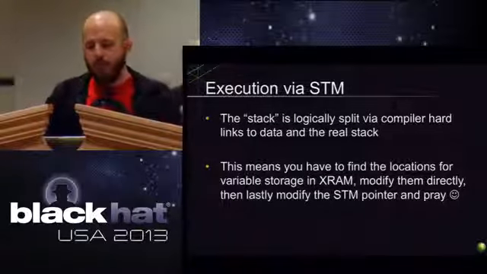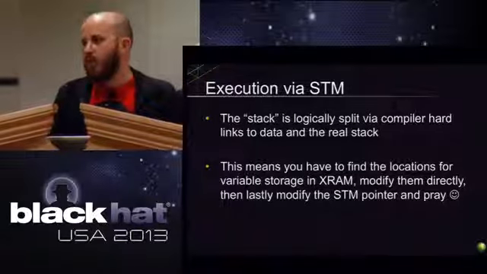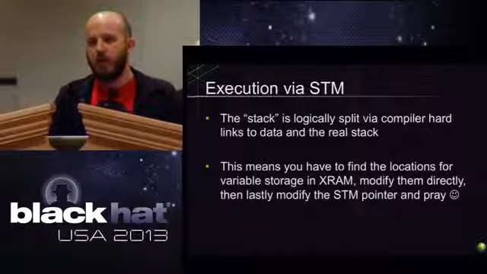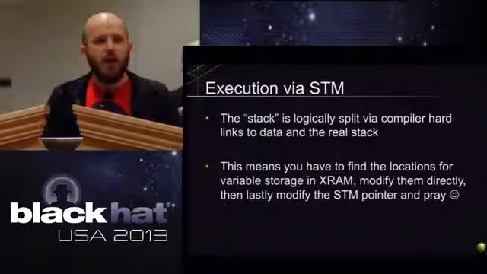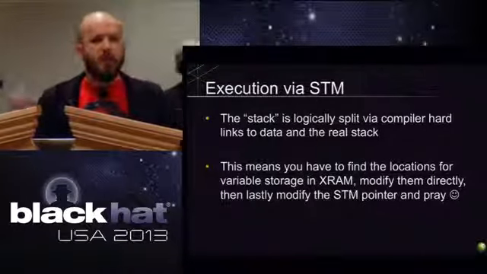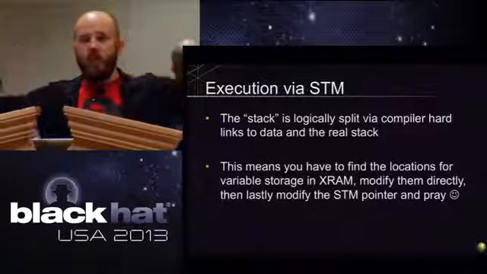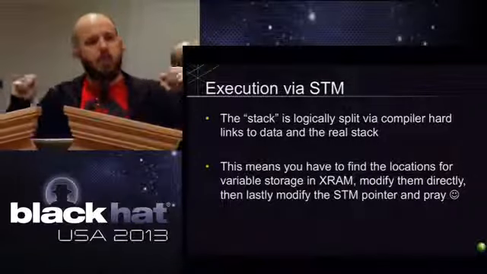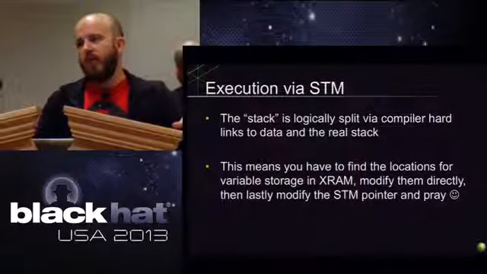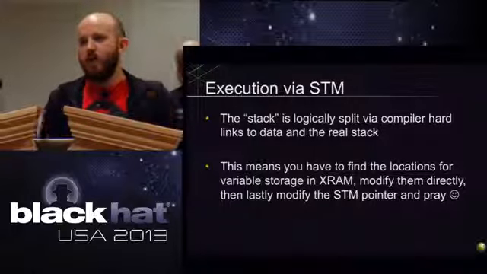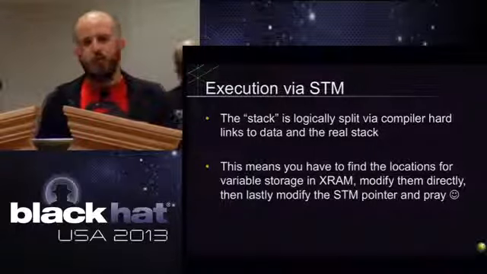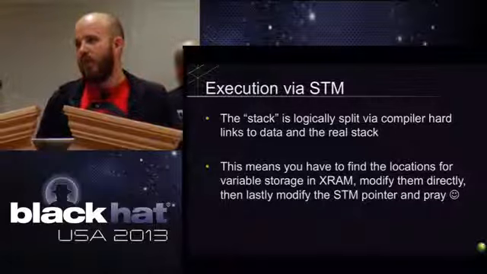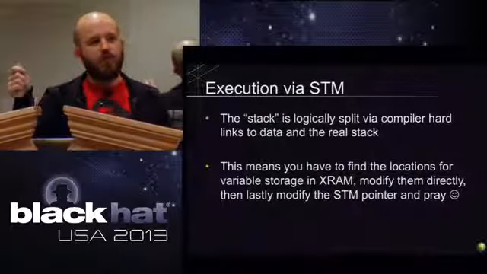Now the problem, and why I say pray here, is that we're doing this in a really strange way. We've got race conditions because we're modifying the variables, then you wait, and then you're saying go ahead and execute this function. So it's not all together, like it would be in any sane world where you would say run this function with these variables.